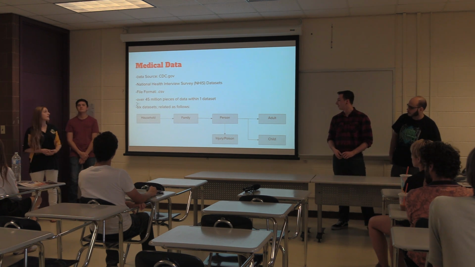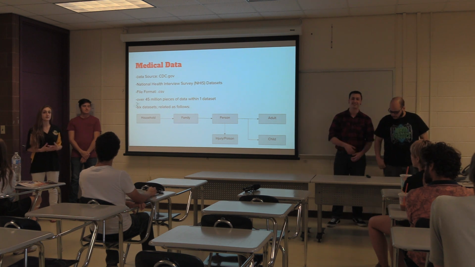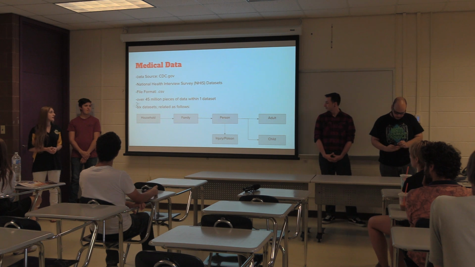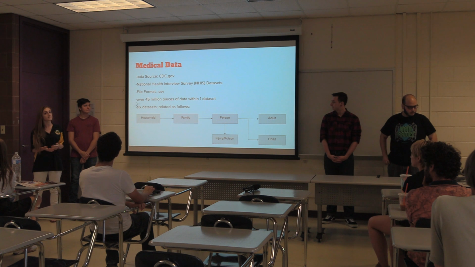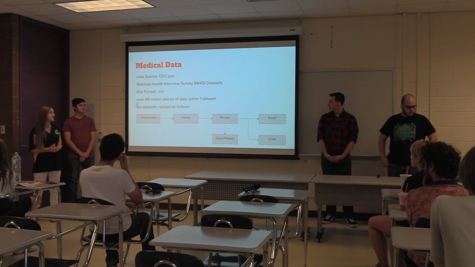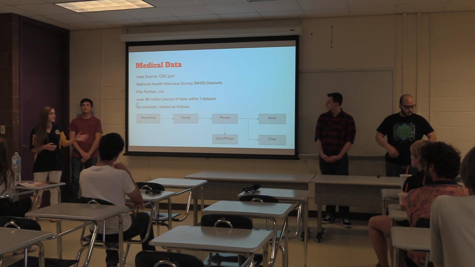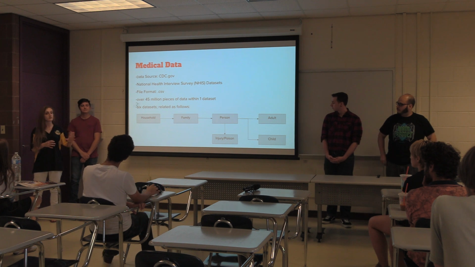I'm Katie Mooney. We took our data from CDC.gov. It's the National Health Survey data set, and it's a CSV format. And so per one data set, it's about 45 million pieces of data. We use 6 data sets. It's household, which is broken into family. And from family, it's broken into person, which is broken into injury, poisoning, adult, and child.